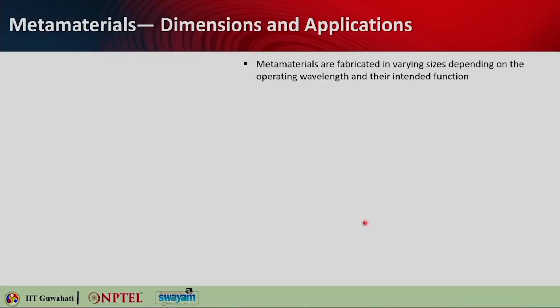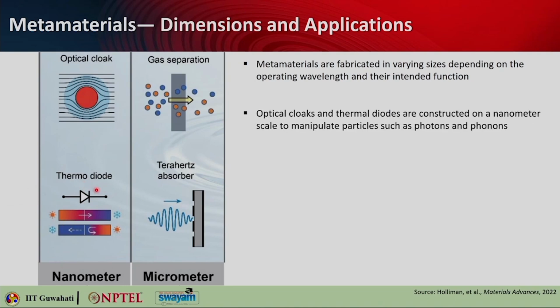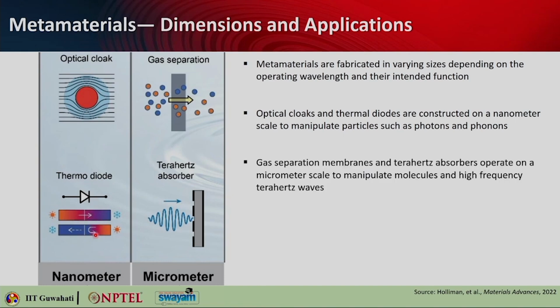So metamaterials are fabricated in various sizes depending on the operating wavelength and their intended application. So here you can see in nanometer scale you can actually create metamaterials for optical cloaking, or you can create thermodiodes which are able to block heat in one particular direction and allow it in another.